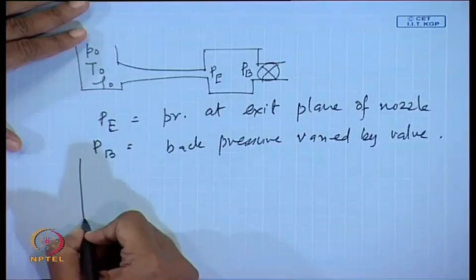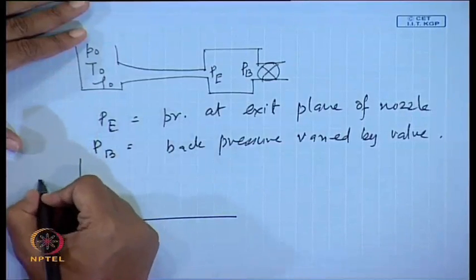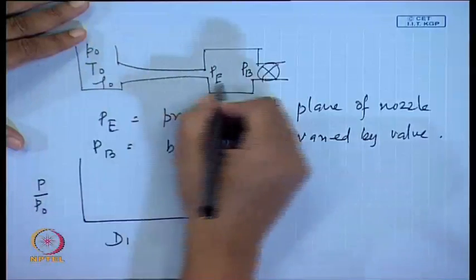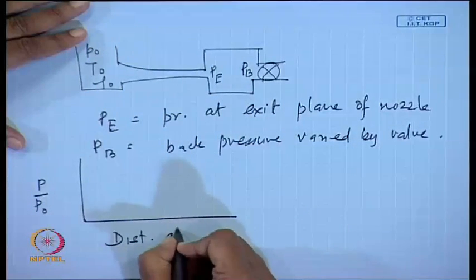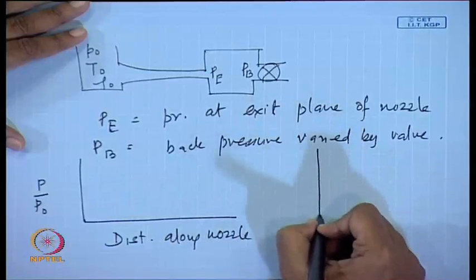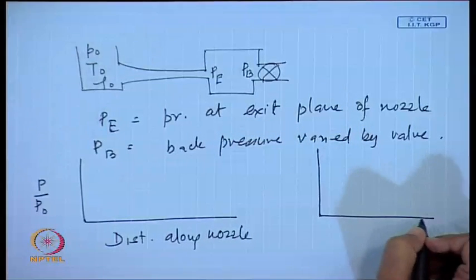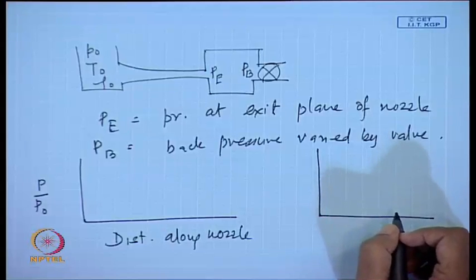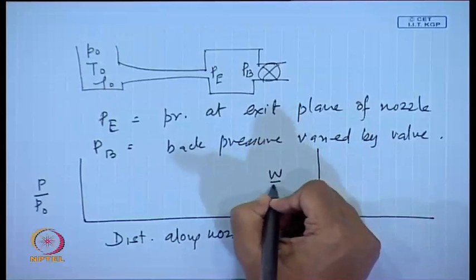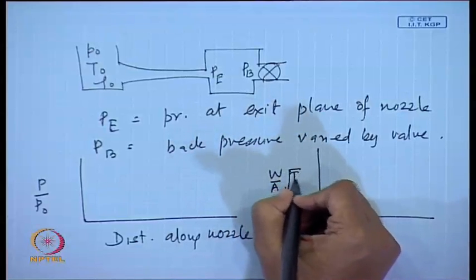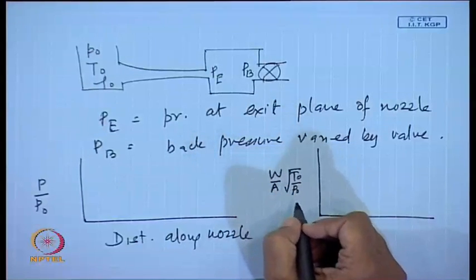So if we plot, say, P by P0 as a function of distance along the nozzle, and along with this pressure we would also like to plot the flow rate, which is W by A. Usually we take the entire constant thing which was there, this as a function of distance.